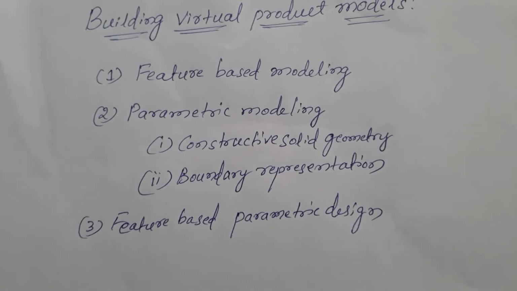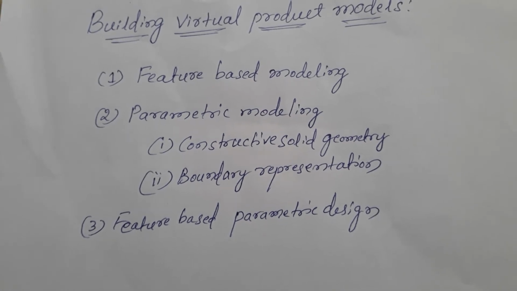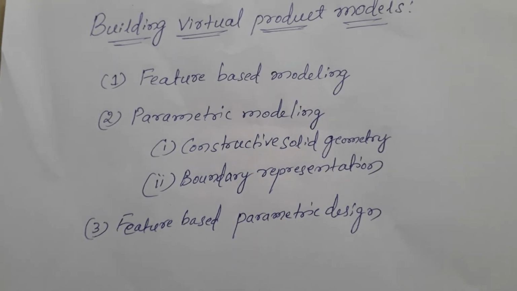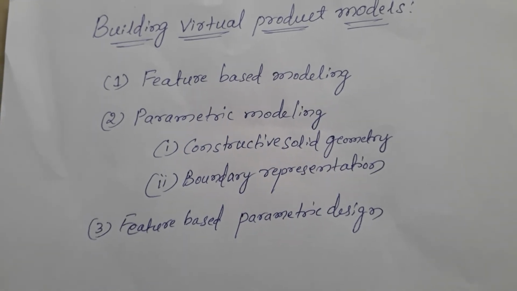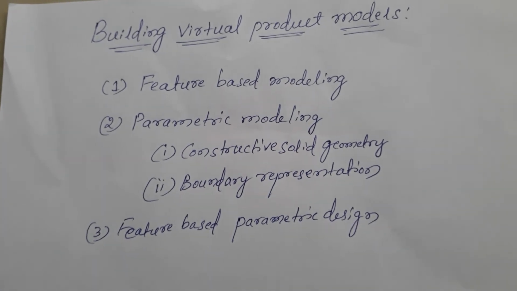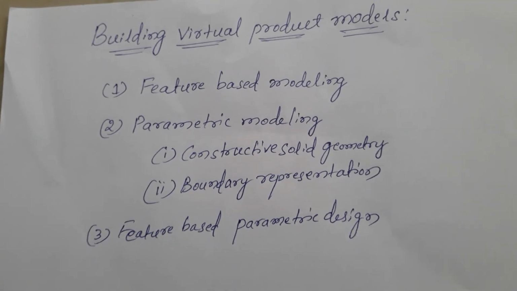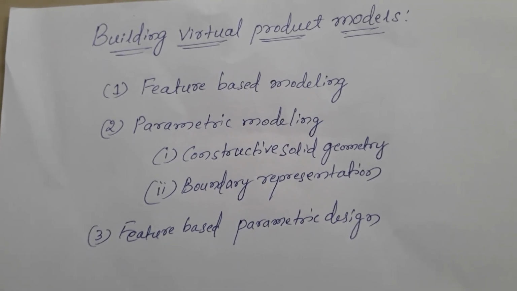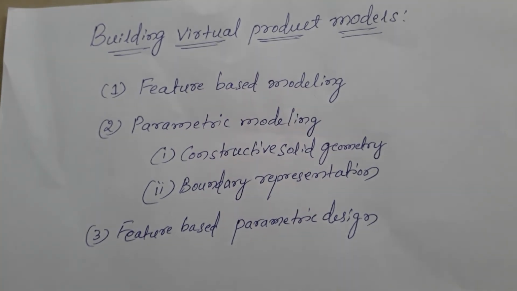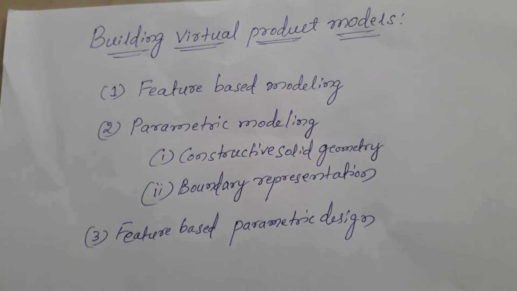In constructive solid geometry, you build a model by combining basic and generated solid shapes. Some basic models are there that we combine to build it, or some solid shapes were already generated that we combine to generate the model. That is constructive solid geometry.